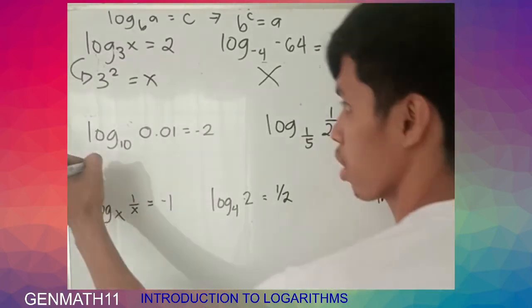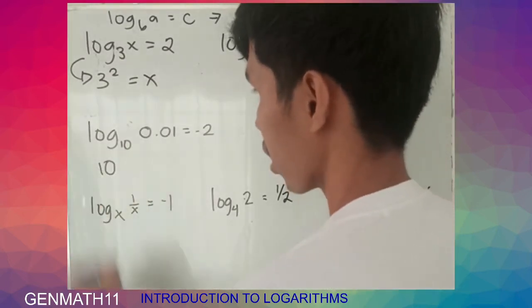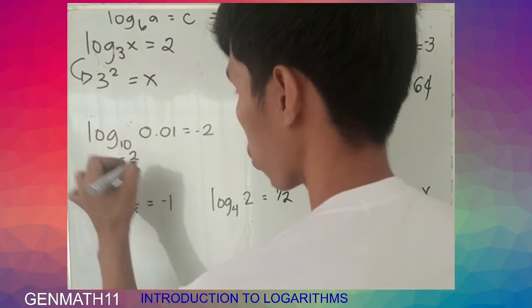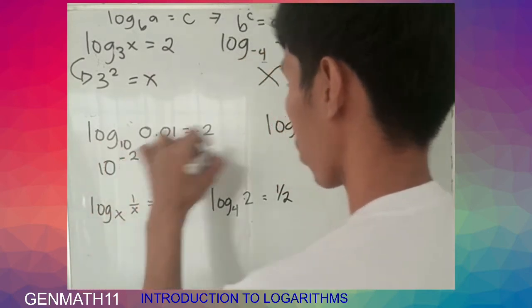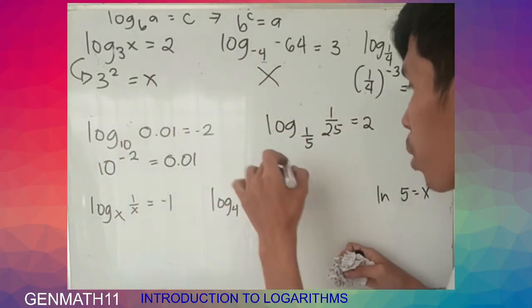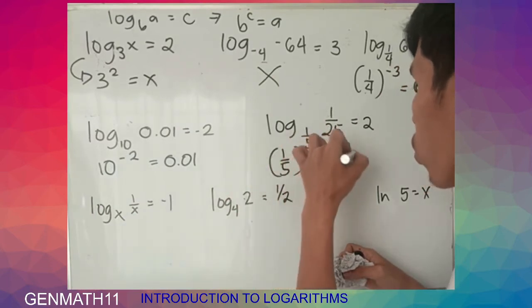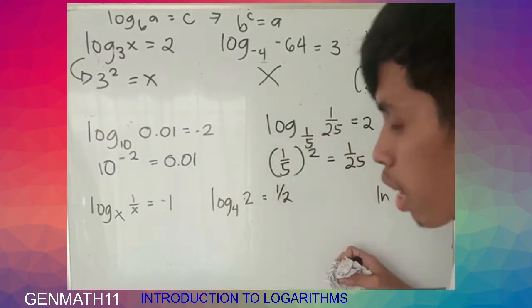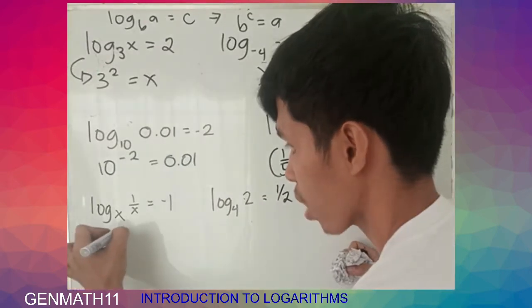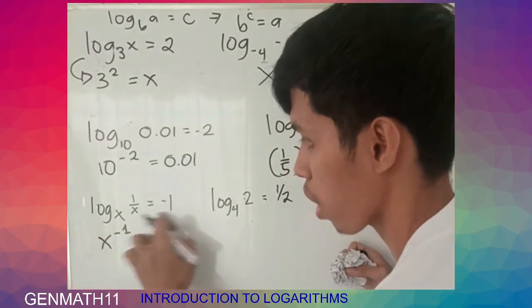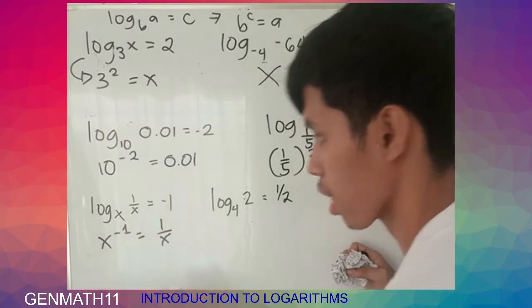Next, ang base natin is 10, then raised to negative 2 equals 0.01. Then the other one is 1/5 raised to 2 is equals to 1/25. Next, x raised to negative 1 equals 1/x.